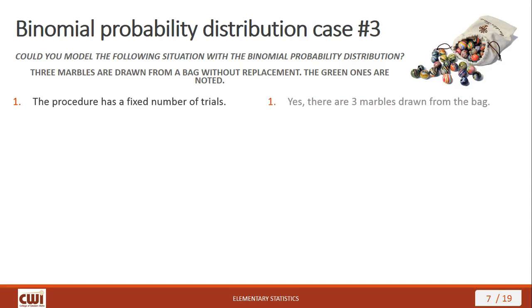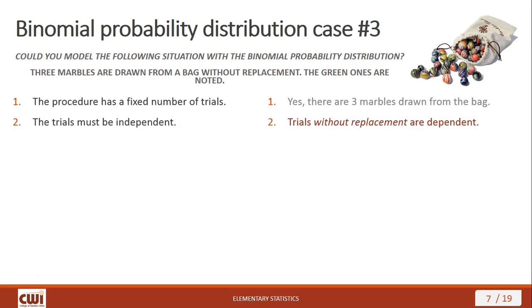Yes, we do have this requirement met. We're drawing 3 marbles from a bag, so that's a fixed number of trials. 2, the trials must be independent. Are the trials in this case independent? No, they're not independent because we're not replacing them back in the bag.